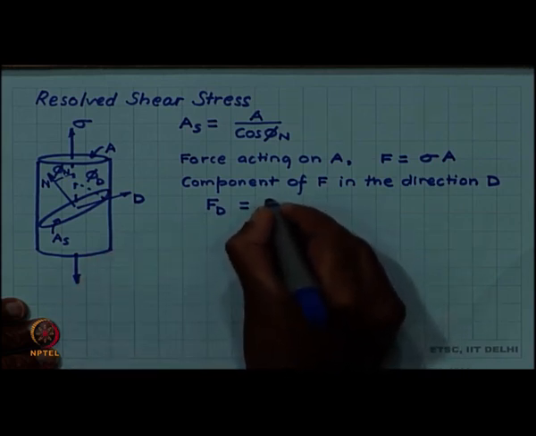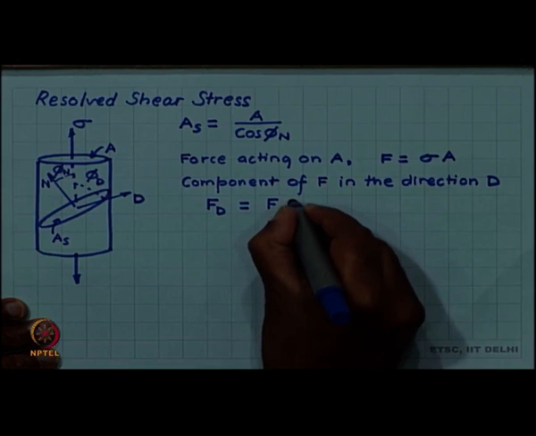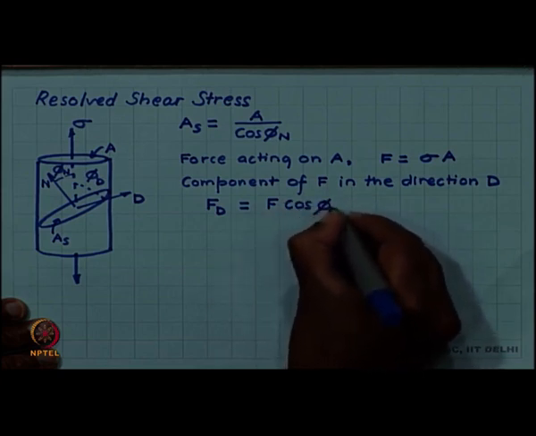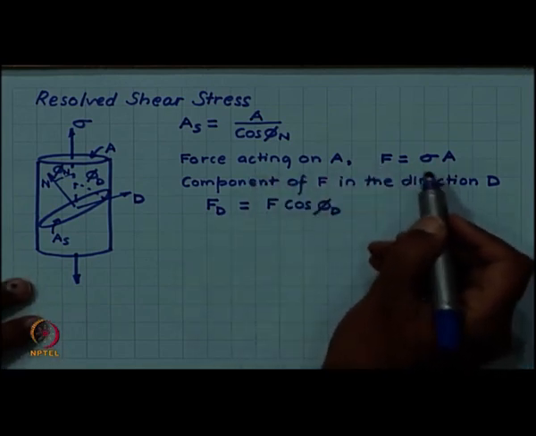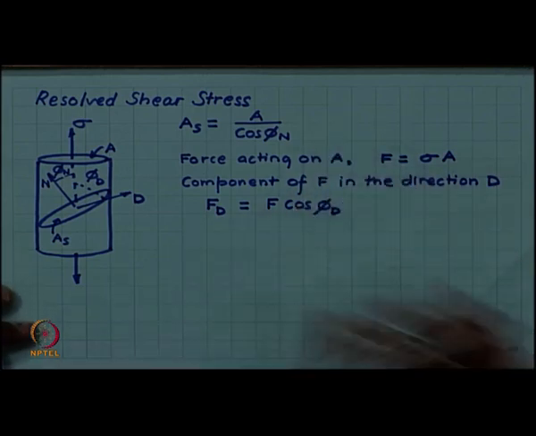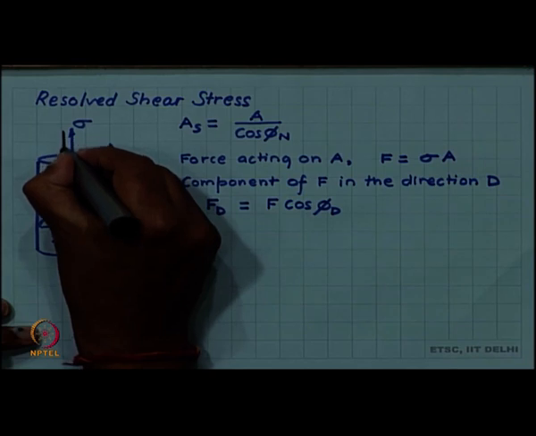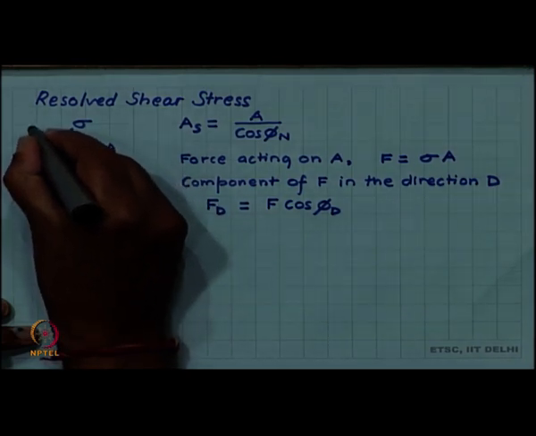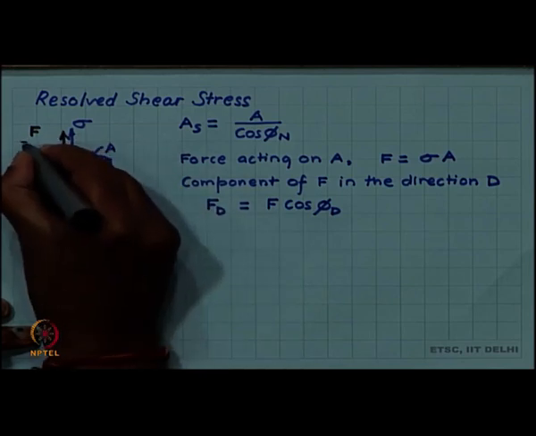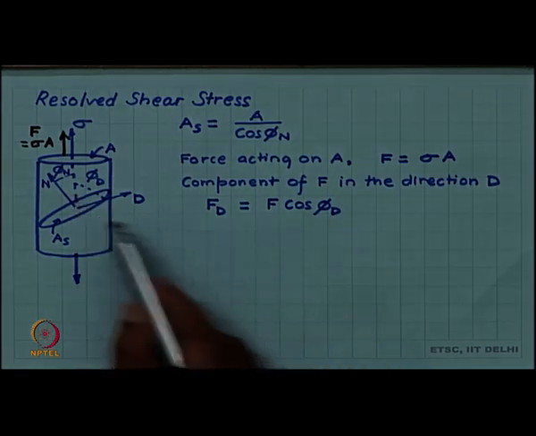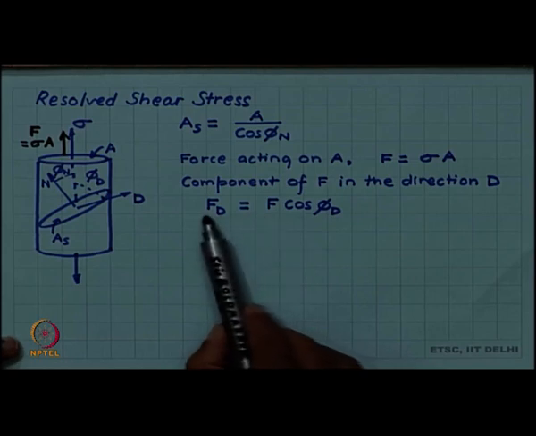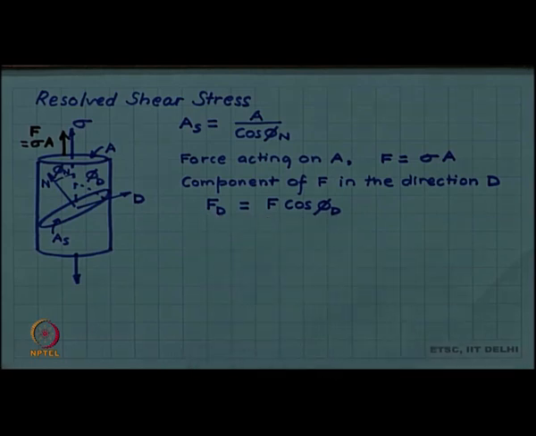So, this will be simply F cos phi d, because recall that this tensile force will also be acting in the same direction as the stress. So, this force F is equal to sigma A is acting in the same direction. It makes an angle phi d with the direction d, and we know that to take the component of any given force we multiply it by cosine of the angle between the direction and the force. So, F d is F cos phi d.